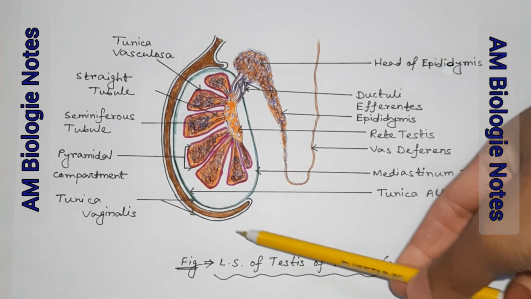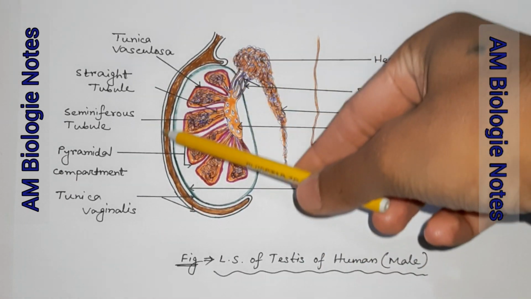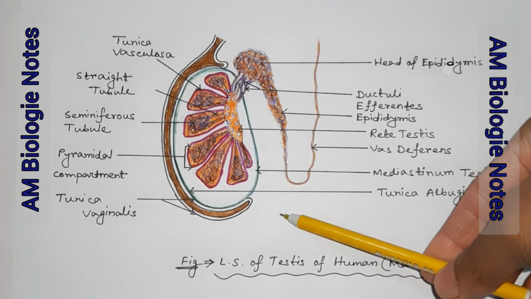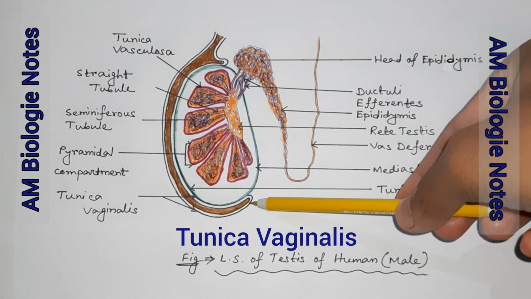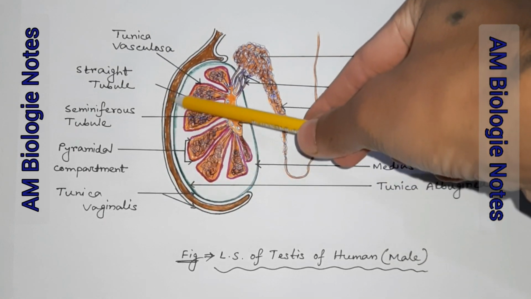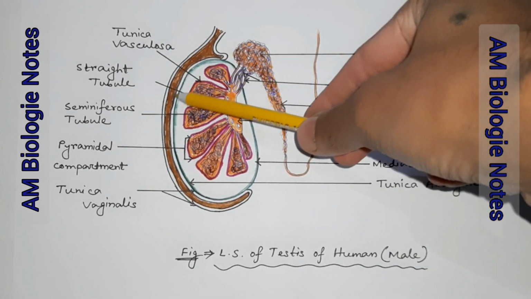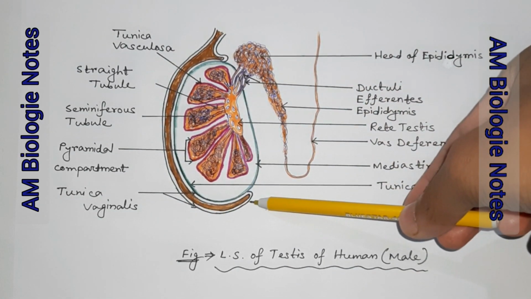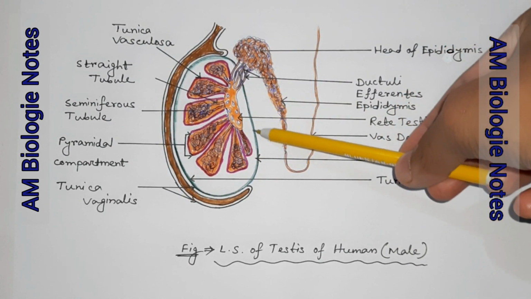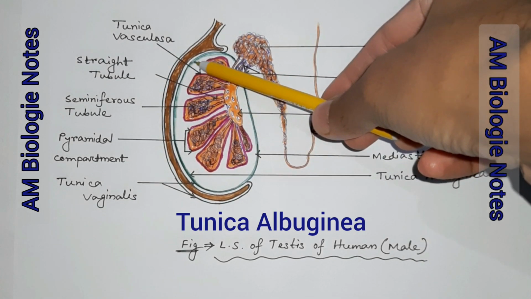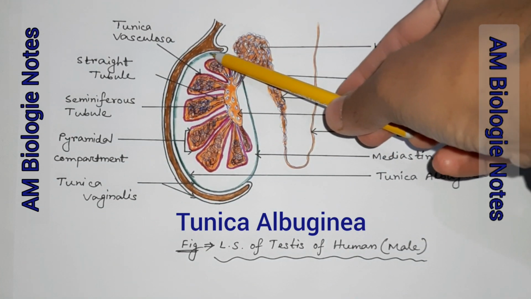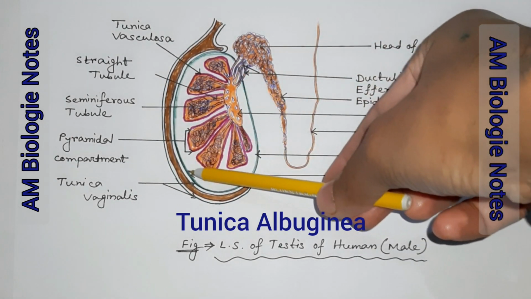This is a figure representing the structural details of testes in the male human. This is the tunica vaginalis. It is the pouch of serous membrane that covers the testis. Each testis is surrounded by a dense connective tissue capsule called tunica albuginea.